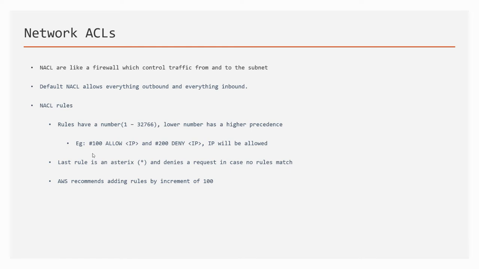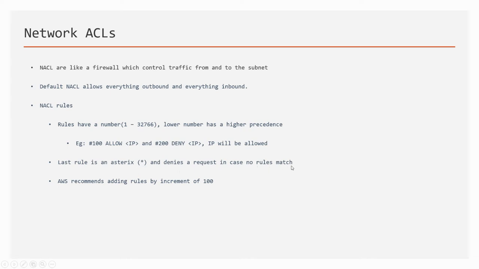And some simple rules. The last rule is the asterisk, or the star. It means that if none of the rules get applied, then this star rule will be applied, and the star will always deny the request.